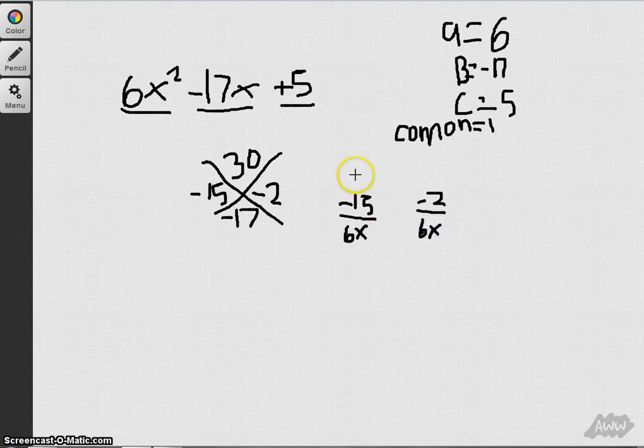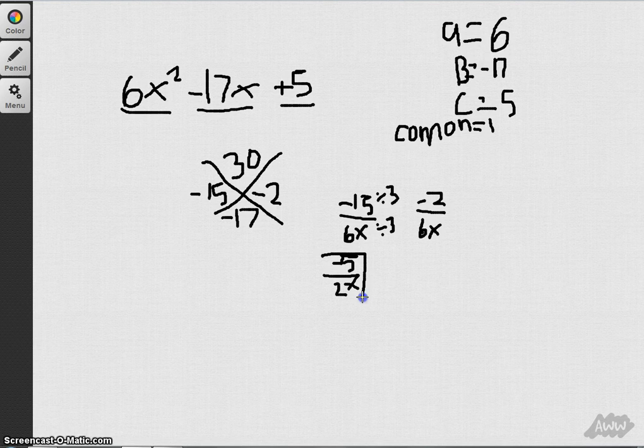And now you can reduce it, and we know that 15 goes in. 3 times 5 is 15, so you can reduce it by 3. So then the top number will be negative 5, and the bottom number would be 2x.